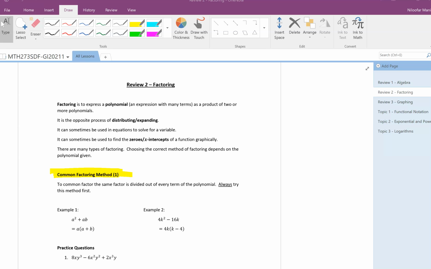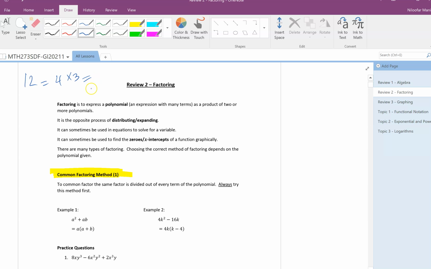This lesson is review number 2. That's factoring. Factoring, like you factor a number, means you break the number into just prime numbers. For example, 12 is 4 times 3, and yes, that's one factor, but it's not fully factored.